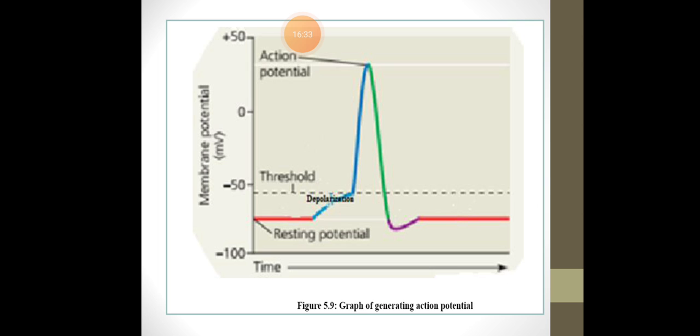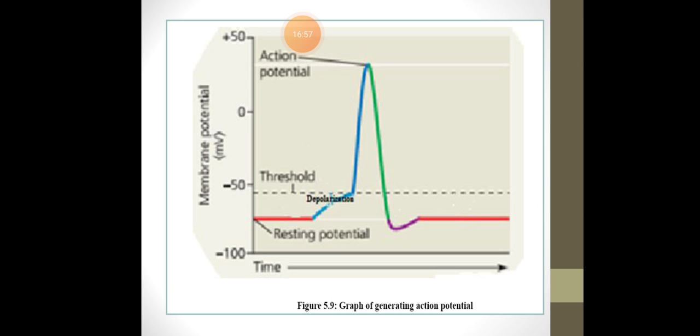So what is repolarization? Sodium channels close, blocking sodium inflow. However, the potassium channels open, permitting potassium outflow. So this makes the inside of the cell negative again.